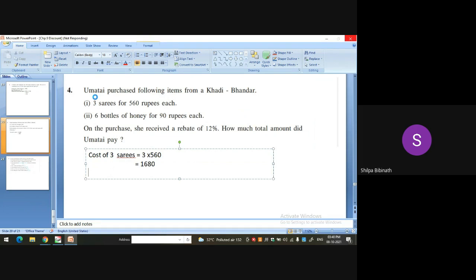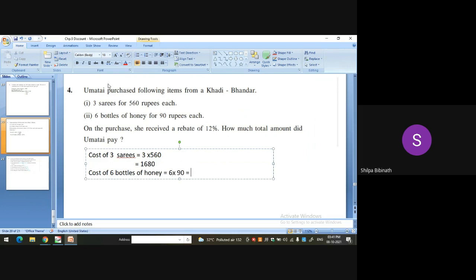Okay. Now cost of 6 bottles of honey. Calculate cost of 6 bottles of honey. It will be how much? 6 into 90 rupees.